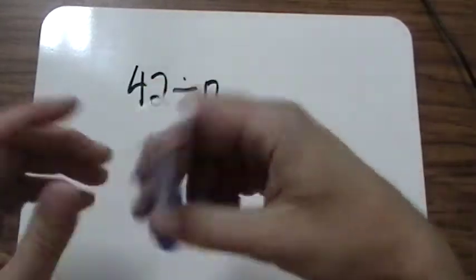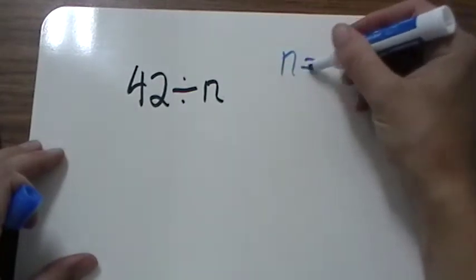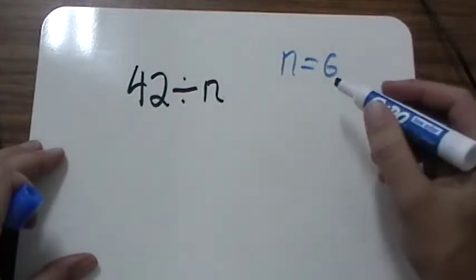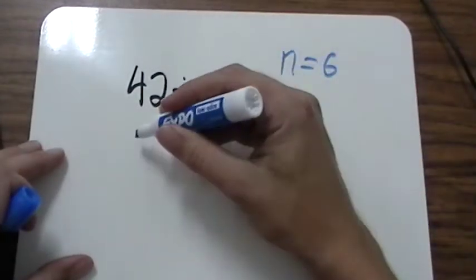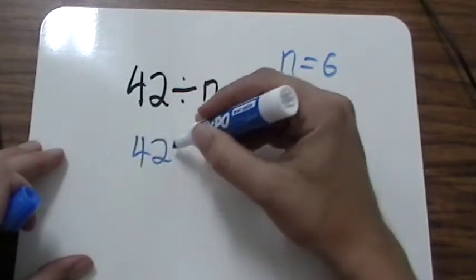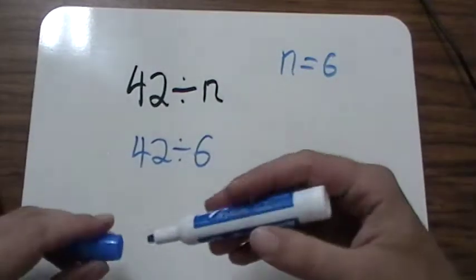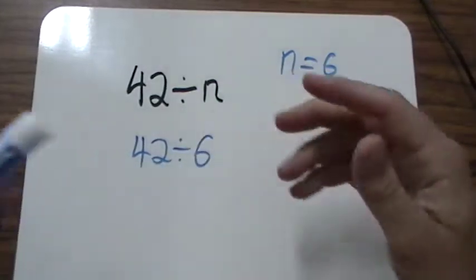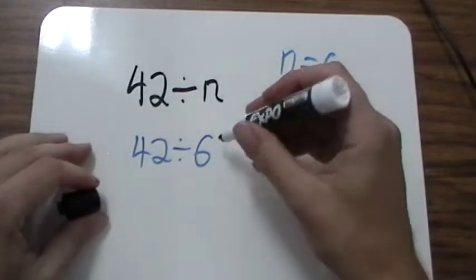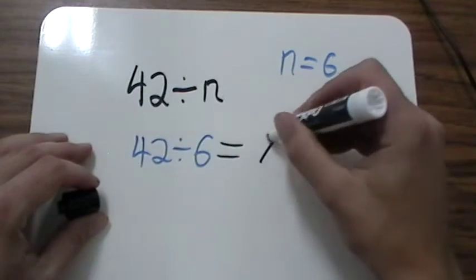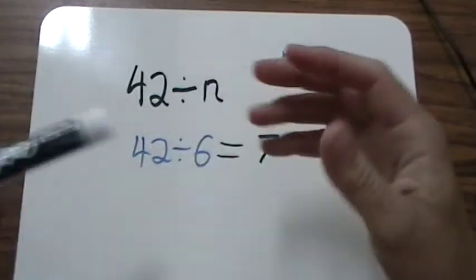I'm going to tell you that n equals 6. So what you do is you take the secret code, put 6 in for n, and do 42 divided by 6. And what do you get when you do 42 divided by 6? You don't even need to do long division for that one. 7. 42 divided by 6 gets me 7.